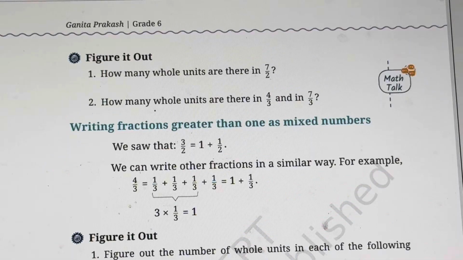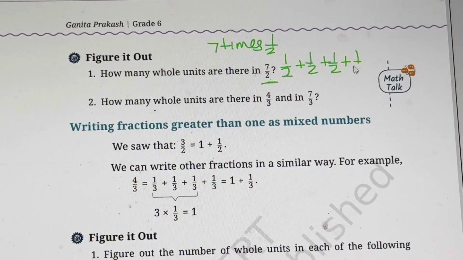The figure it out exercise, which is given on page number 162. Let us try to solve that. Now, like 7 upon 2. I told you how to remember 7 upon 2. It is 7 times 1 upon 2. Right? So if we write it as 1 upon 2 plus 1 upon 2 plus 1 upon 2 plus 1 upon 2 plus 1 upon 2 plus 1 upon 2, we have written it 6 times. So 1 more time.